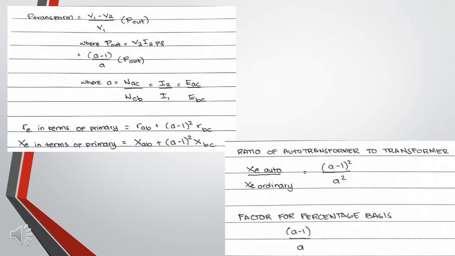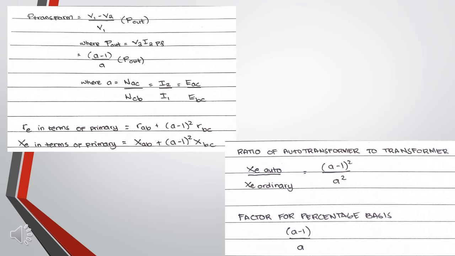Now that we are finished discussing the differences between the autotransformer and the conventional transformer, please take note of the following formulas. So first is the power transformed, which is equal to the supply voltage minus the load voltage all over the supply voltage times the power output, where the power output is equivalent to the product of the load voltage, load current, and the power factor.